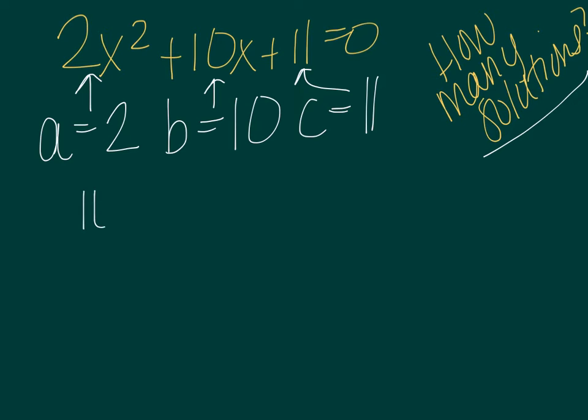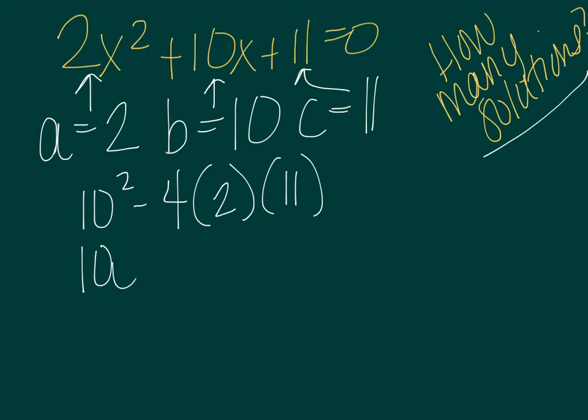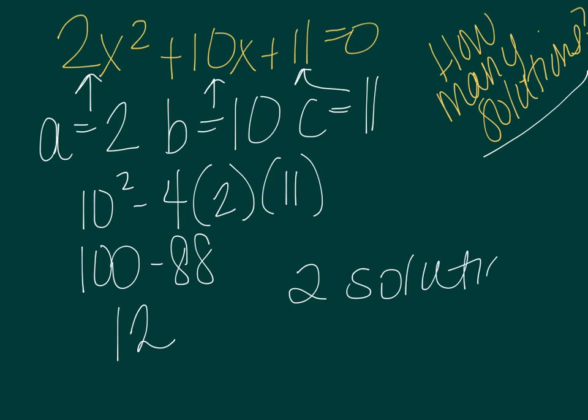So I'm going to do 10 squared minus 4 times a, which is 2, times c, which is 11, and I'm going to solve. So I'm going to get 100 minus 4 times 2, which is 8, times 11, which is 88. So 100 minus 88 is 12. Since 12 is positive, we will have 2 solutions, or 2 answers.